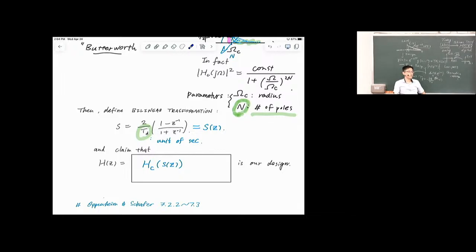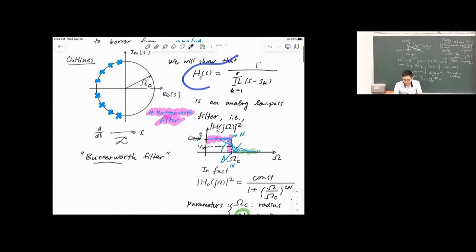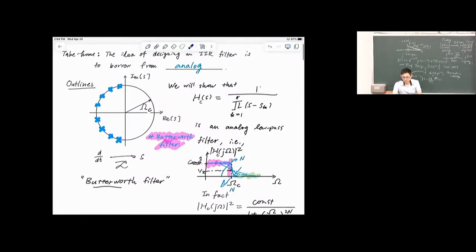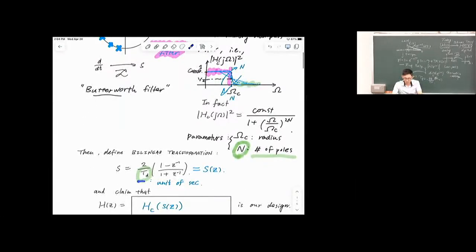Starting with anything like that, this is a system function in continuous time, right? Starting with that, we then replace s with s of z right here.